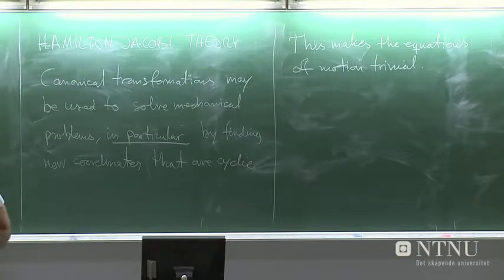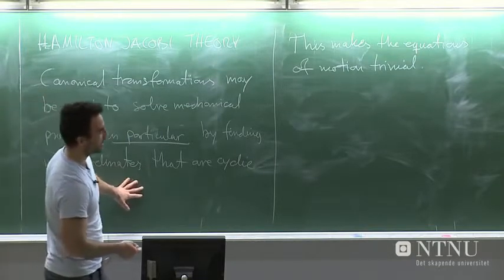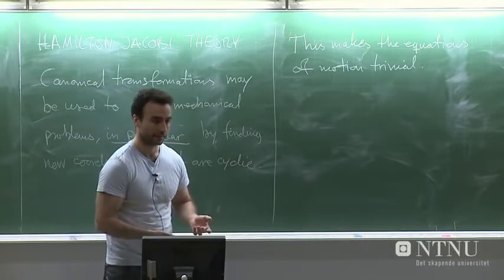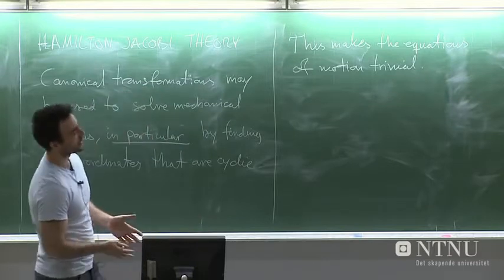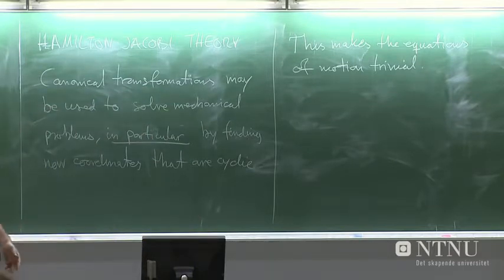If you recall our discussion the previous time, that was one of the advantages of using canonical transformations. Another advantage would be that we can also recast an unknown form of the Hamiltonian into a more familiar form. But oftentimes they're used to find a new set of coordinates which are cyclic, meaning that the equations of motion, the Hamilton equations, will be trivial.